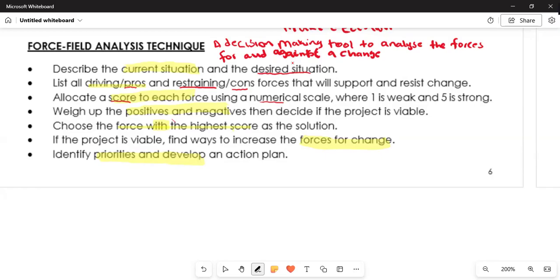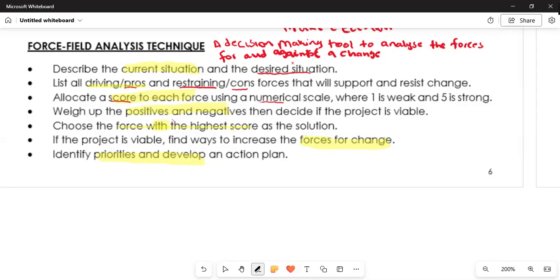Now we are told to add up the positives and negatives, then decide if the project is viable. We can see that driving forces score more, as they score 13, because if we add 5 plus 4 plus 4, it gives us 13.